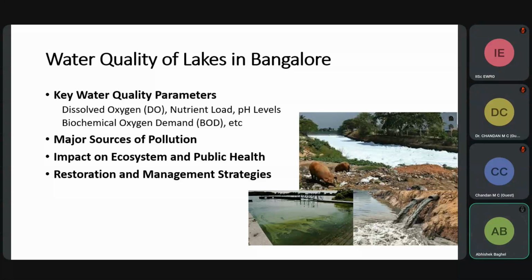The toxins which come into the lake are partially filtered and then go into the underground water systems, where all your borewells connect for water. So it will come directly to your home also. And for restoration and management strategies, there's a need for sewage treatment plants and wetland-based filtration, and lake desilting and aeration can be used to improve the water quality.